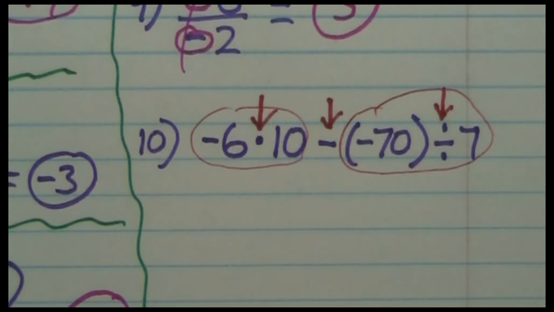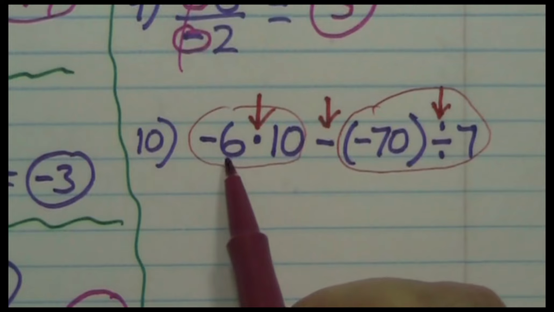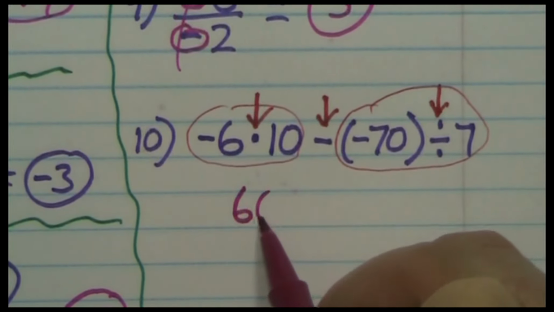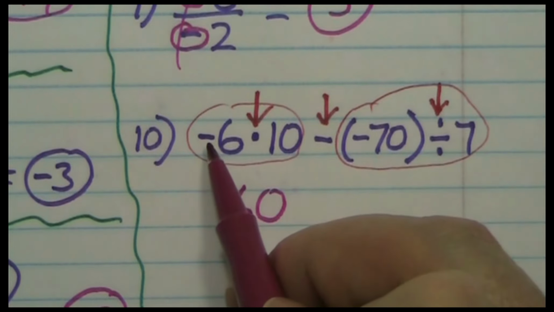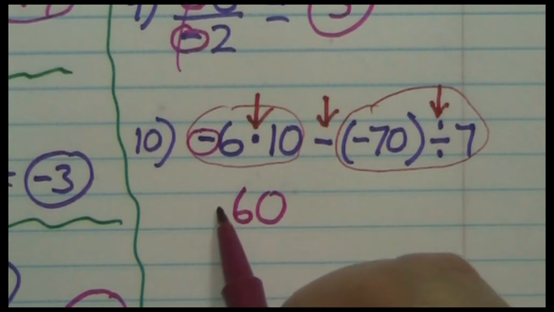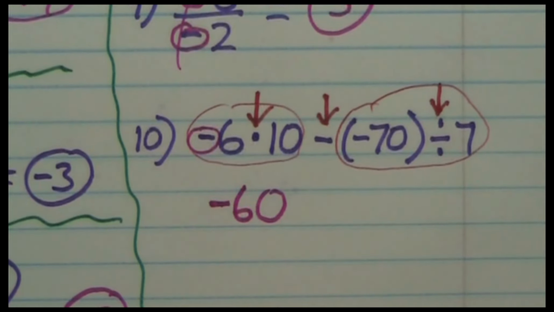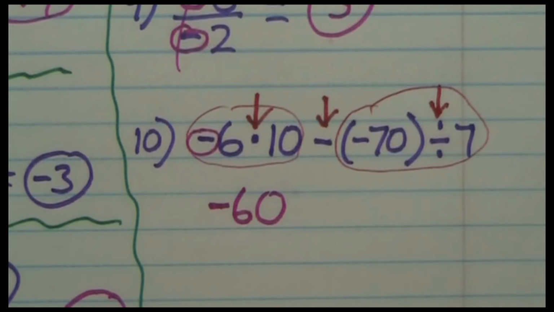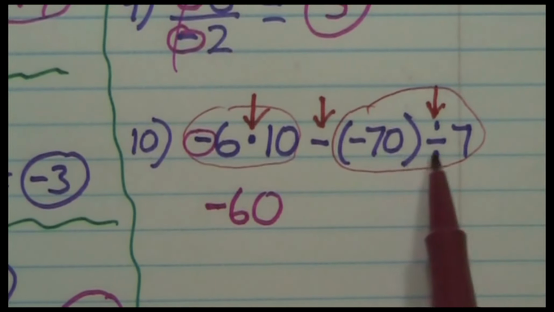So if I do that, I have -6 times 10. 6 times 10 is 60, and there's one negative sign, so it is negative, because when multiplying and dividing, you count the negative signs. All right, now I'm going to take care of this one.